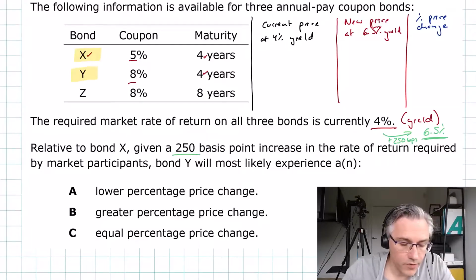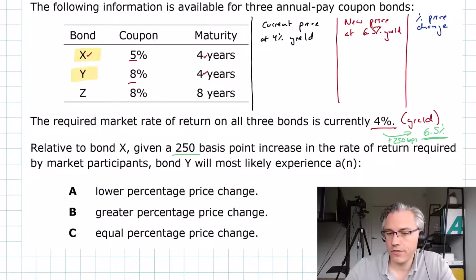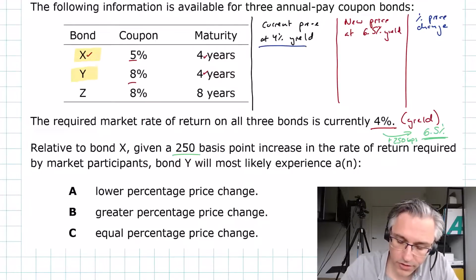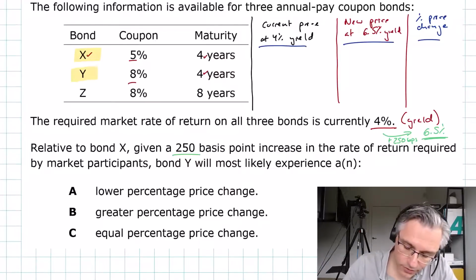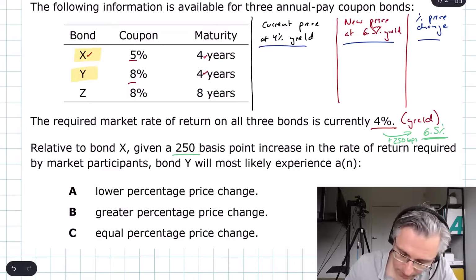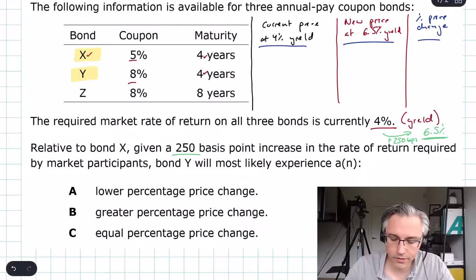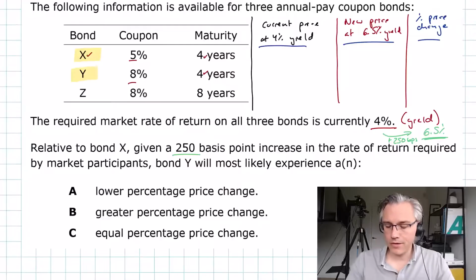If you want to, please do this on your own independently, because what you now have to do is just use the time value of money worksheet to calculate the prices for the first two bonds, X and Y. I'm going to quickly do this as well. I'm not going to write necessarily everything out, I'll just tell you the inputs I'm using.